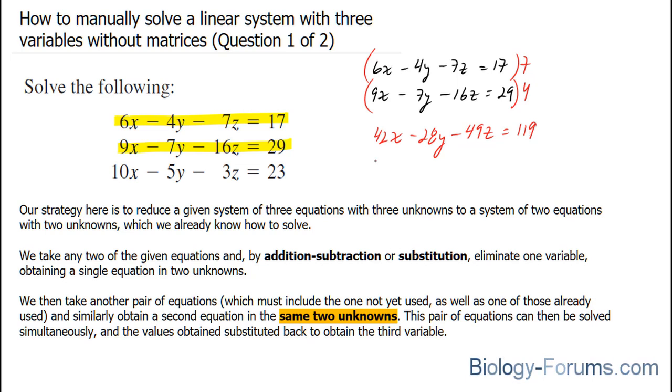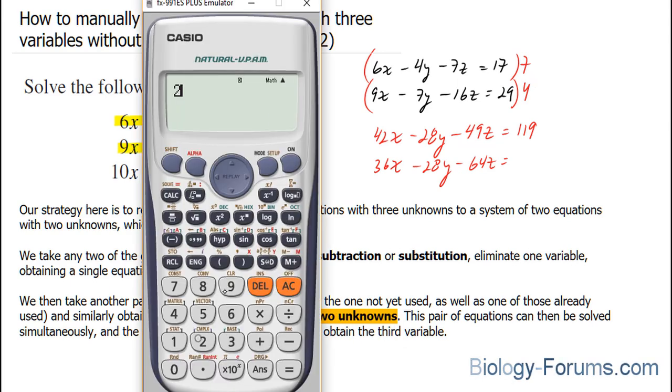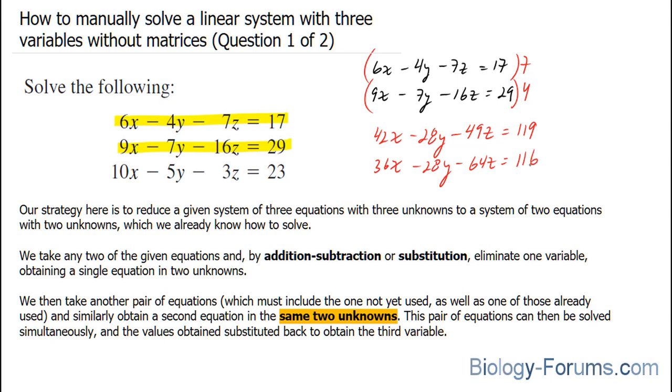9 times 4 is 36. 28y. 16 times 4 is equal to 64. And 29 times 4 is equal to 116.